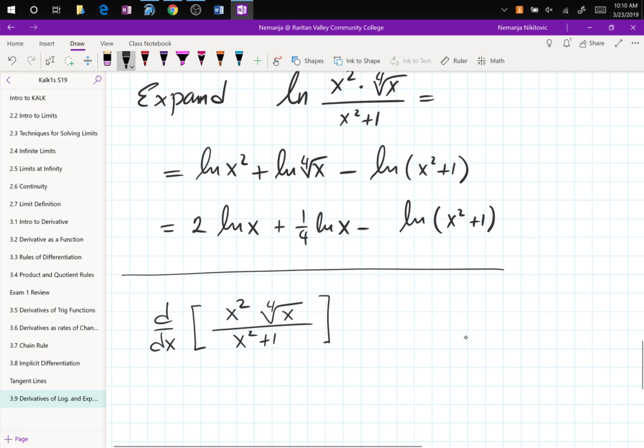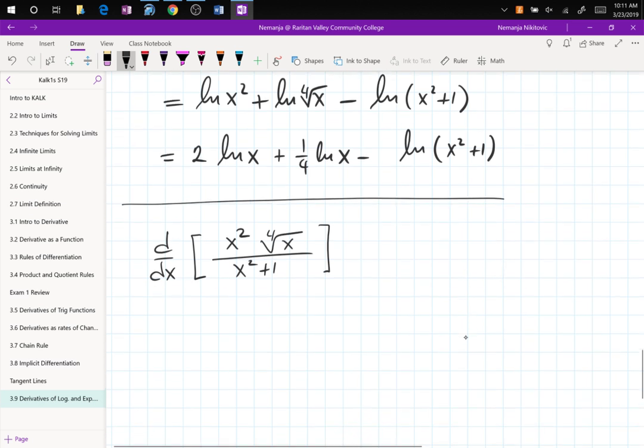Now, hopefully you immediately would agree with me that this would be a living nightmare to do with a conventional method, because you have a quotient rule problem with a product rule on top and then some chain rules floating about. So not that fun, right? So this is the way that we deal with it, and then eventually we will be able to see the shortcut.